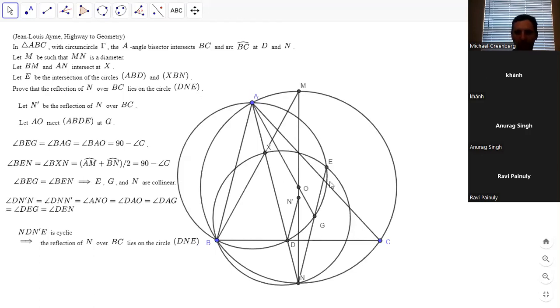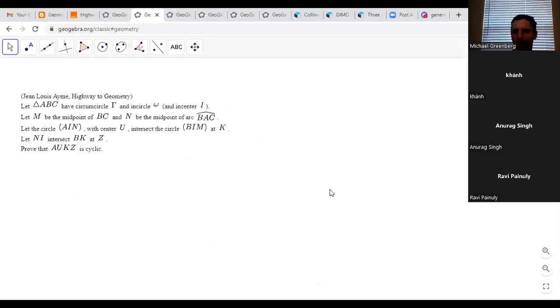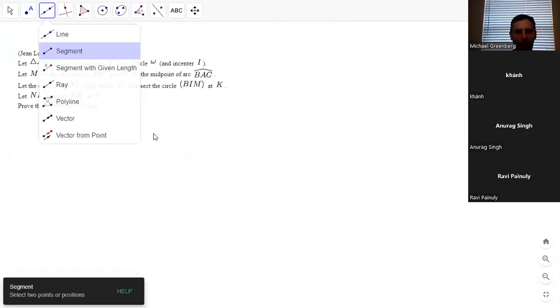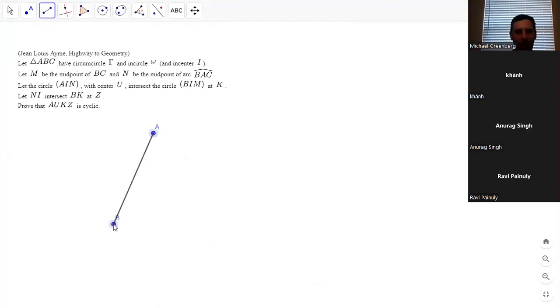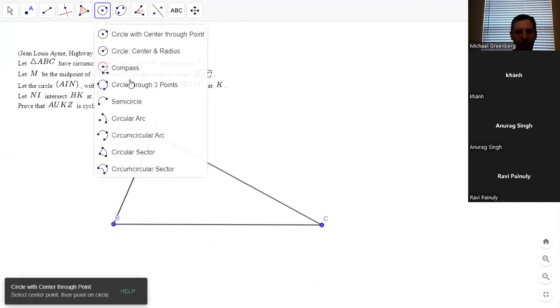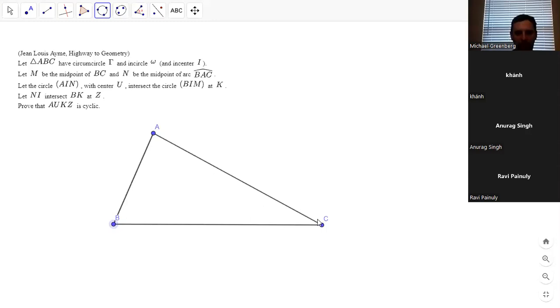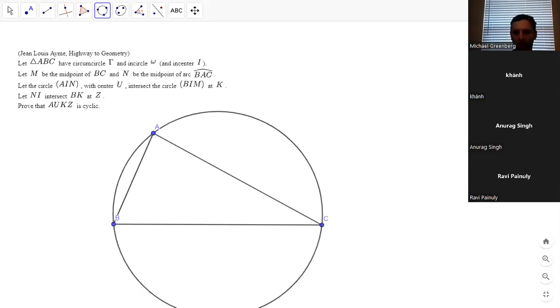So here's the next problem. Yeah, Buratino's problems are harder. I agree. So we have a triangle ABC, and we draw the circumcircle and the incircle. All right, so here's the circumcircle.